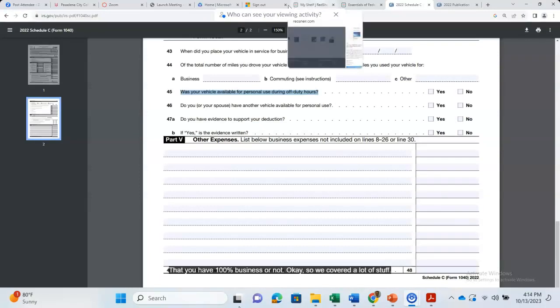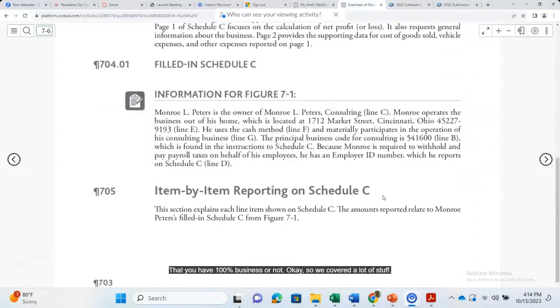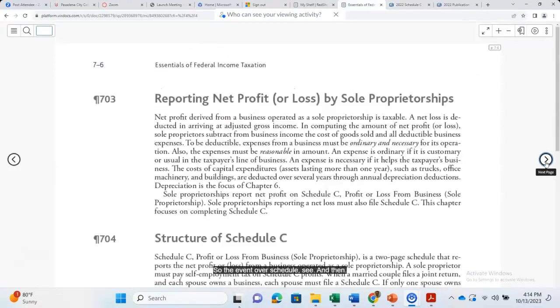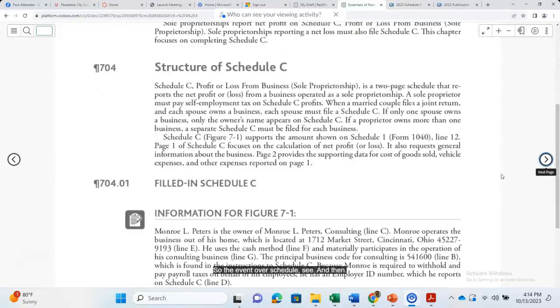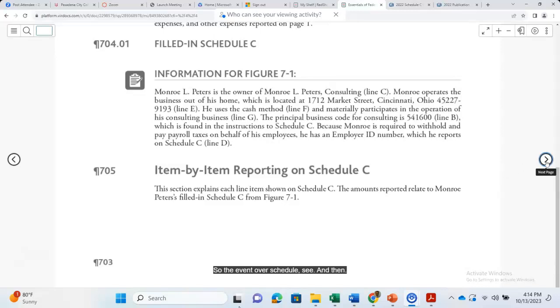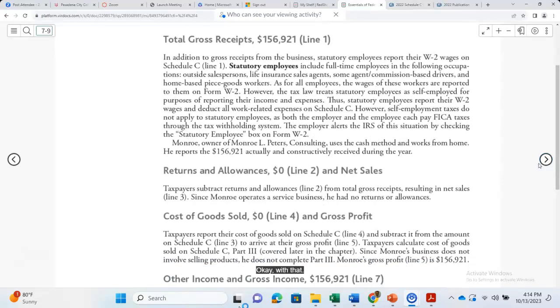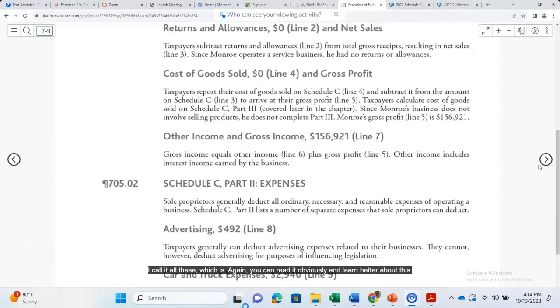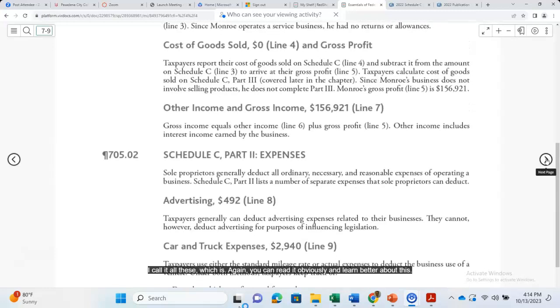Okay, so we covered a lot of stuff, honestly. We went over Schedule C, item by item. I covered all this, which, again, you can read and learn better about.